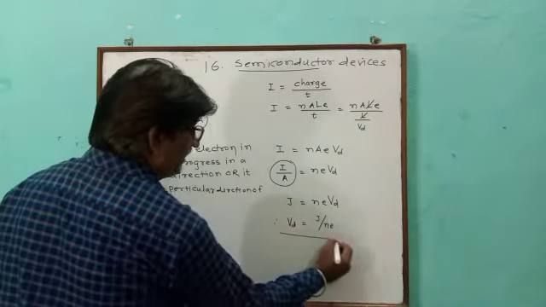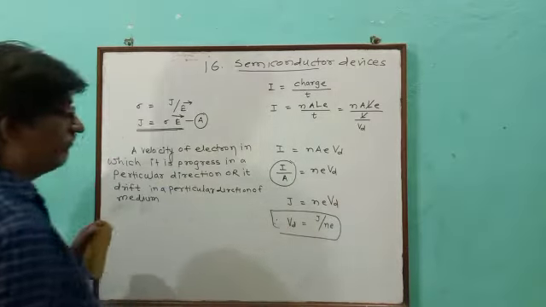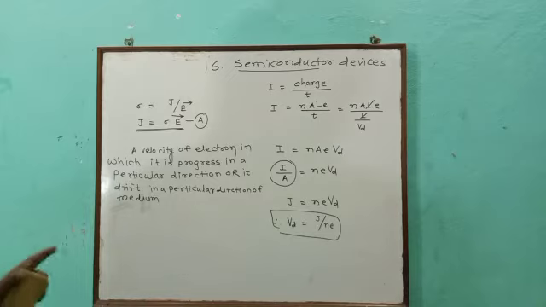And drift velocity has a relation Vd equal to J upon Ne.